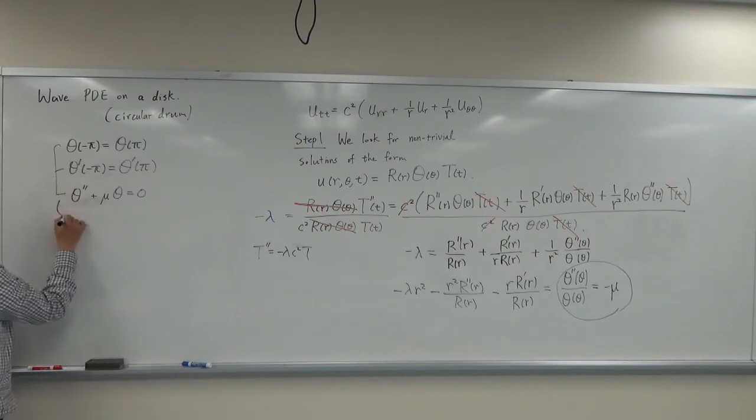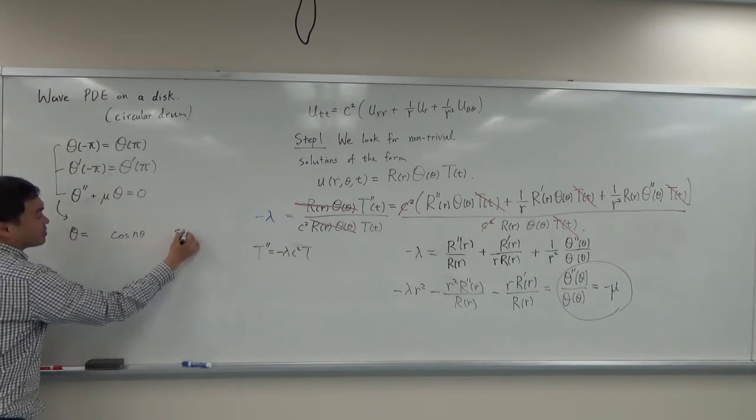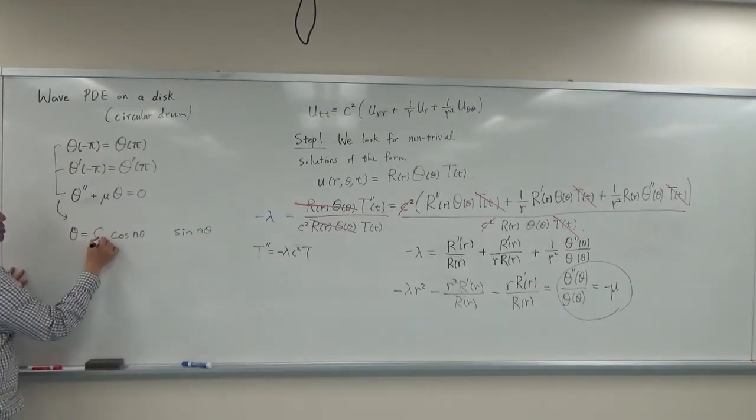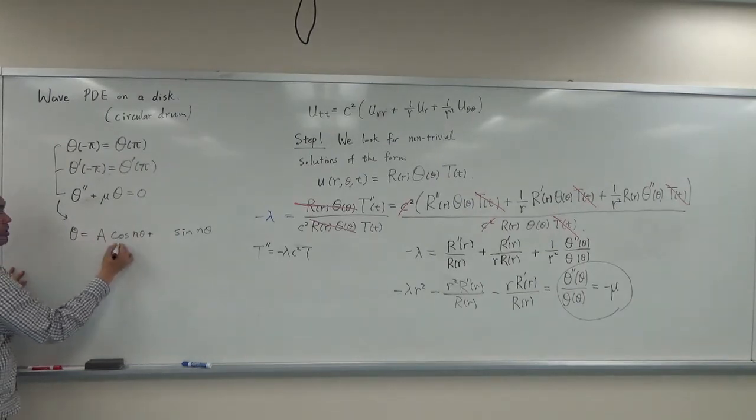So what's your conclusion here? Theta has to be cosine n theta and sine n theta, right? With C1 or A and B, is that the way we like to do? A and B? Yeah. Okay.